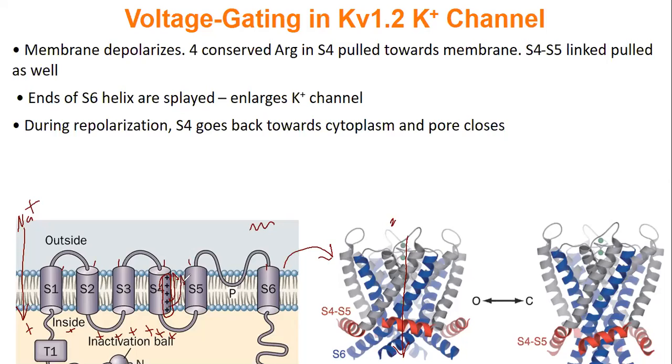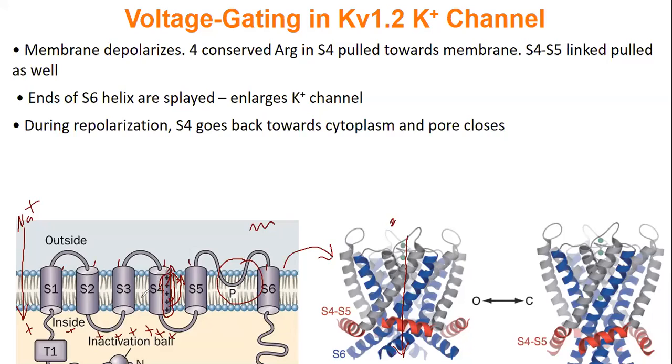So our helix S4 is going to move away from the inside of the cell and move towards the outside of the cell. When we move S4 towards the outside of the cell, our pore opens up. All of these helixes are connected, so S4 moving towards the outside will shift the whole protein and our pore opens up.